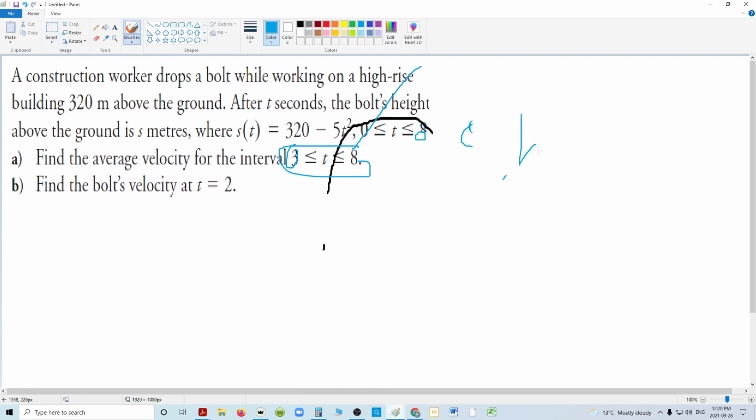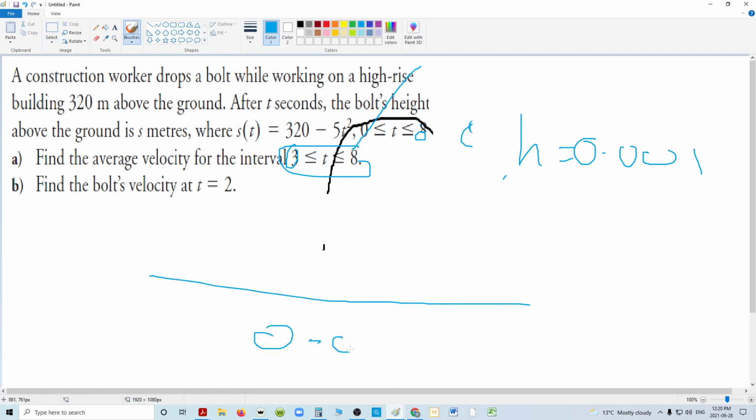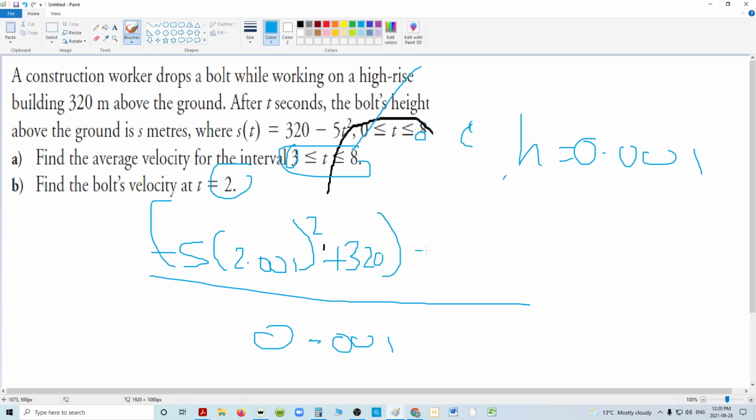You're going to take an h of just 0.001. And that means your h down here is 0.001. And you're going to take minus 5, and we're looking for time is 2.001, which is t plus h, squared, plus 320, minus 5.